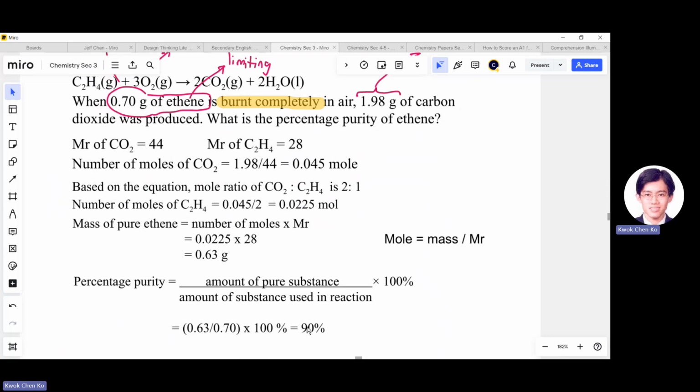Make sure your answer is less than or equal to 100. Okay. Yep, guys, any questions on this? No? No one? I expect you guys to be very well versed in all these calculations.